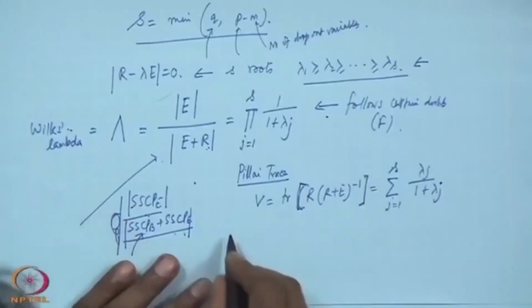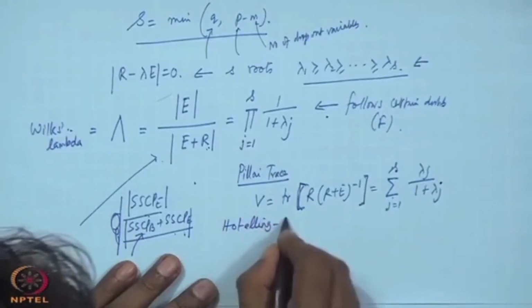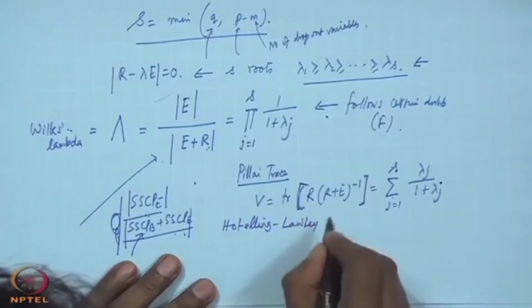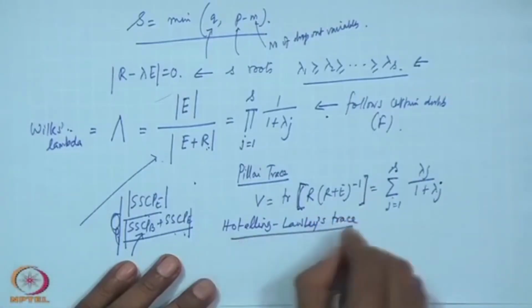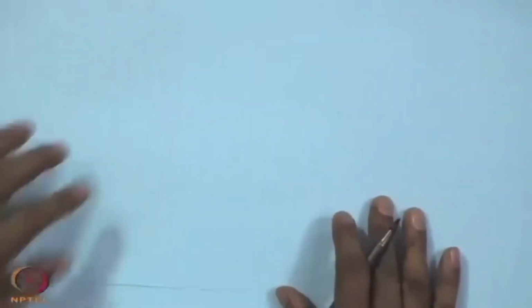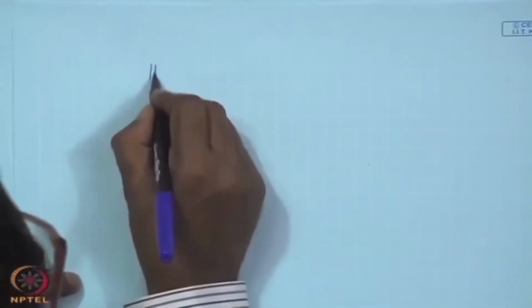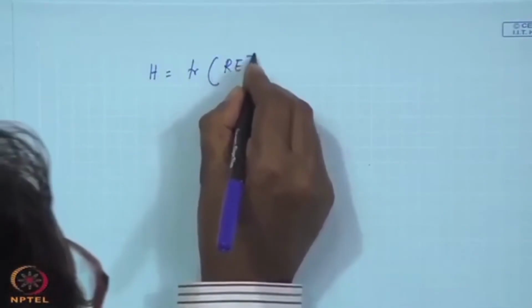You will also get another statistic here, which is Hotelling-Lawley's trace. What is Hotelling-Lawley's trace? It is H, which is the trace of R E inverse.